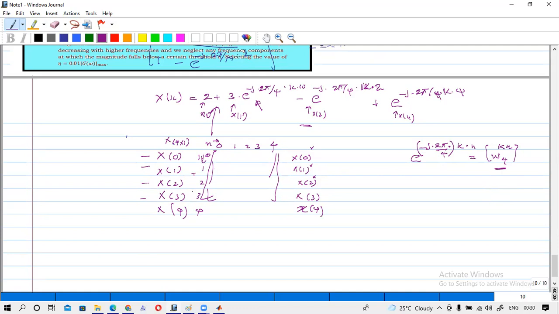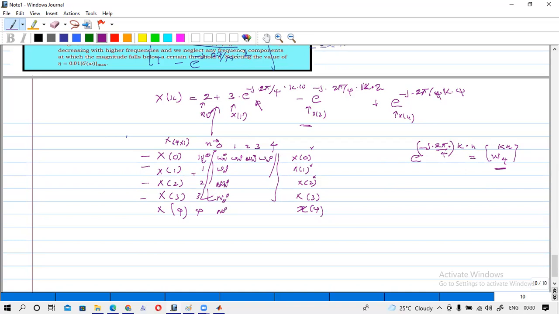Here we have w to the power of all zeros, W0, W0, and then k multiplied by n. In this row the k is 0, so all will be 0. And if you consider the first column, n is 0 for all values, so this column also will be 0.